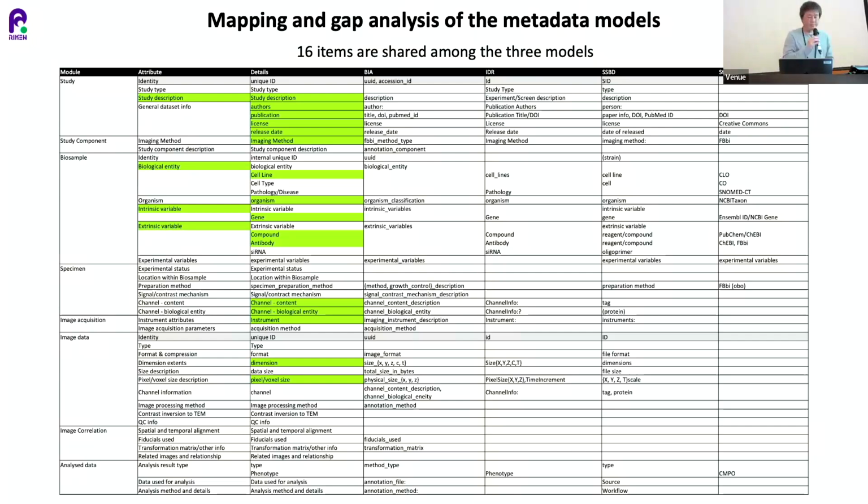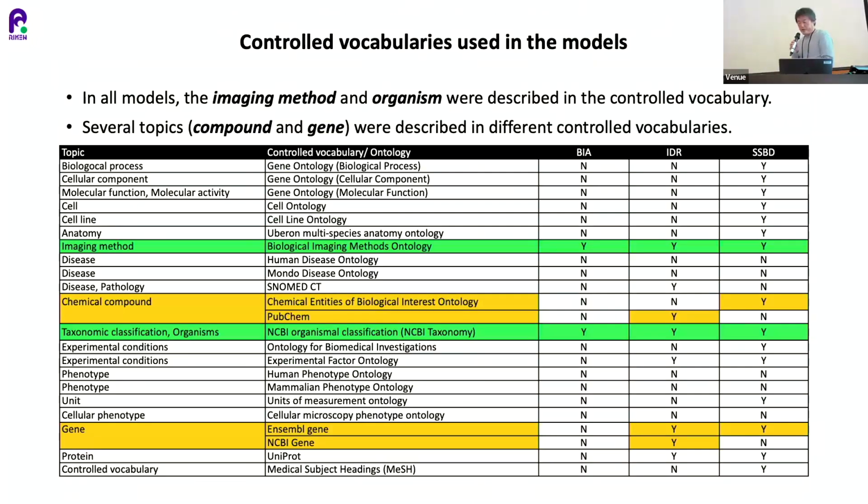Then we looked into the vocabulary used in these items. Matthew already introduced the ontology nicely, but it's not necessarily an ontology; it's a controlled vocabulary. We compared the three repositories on each topic to find out whether they are using a controlled vocabulary or not.